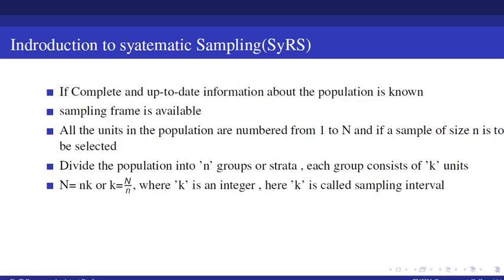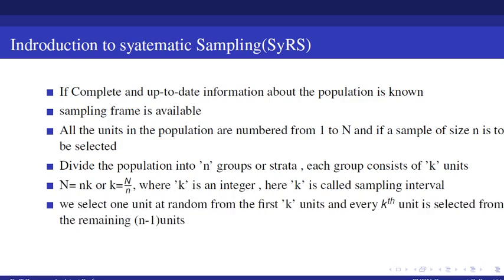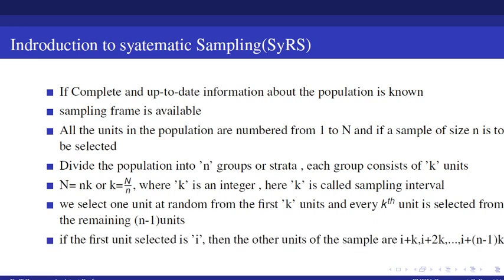To draw a systematic sample of size small n, we select one unit at random from the first k units, and every kth unit is selected from the remaining n minus 1 groups. Okay, this is about the introduction to systematic sampling.